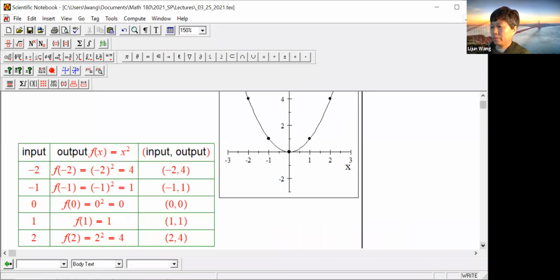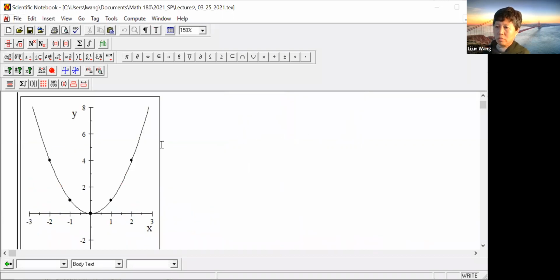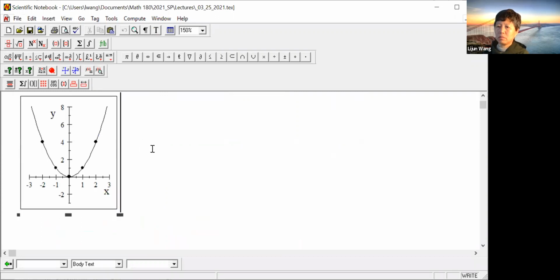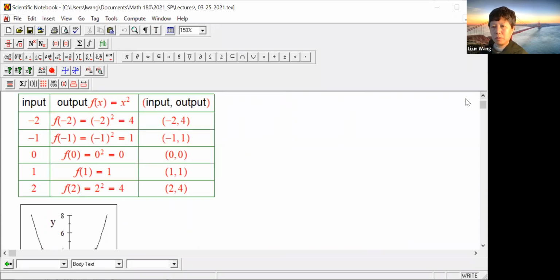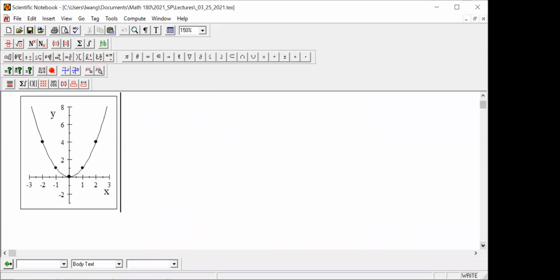So now, observing this picture, what are the features we have seen? What do we observe? What are the special features? The domain and the range.